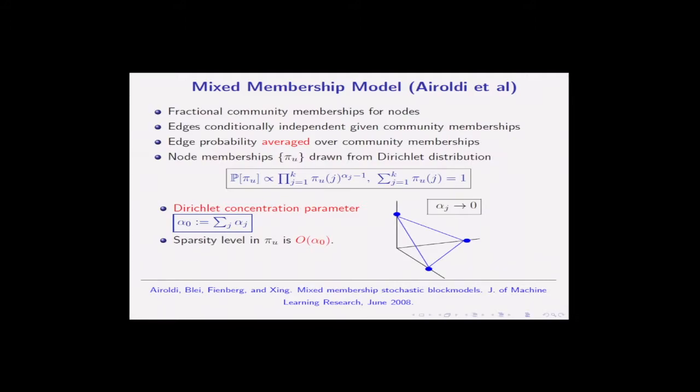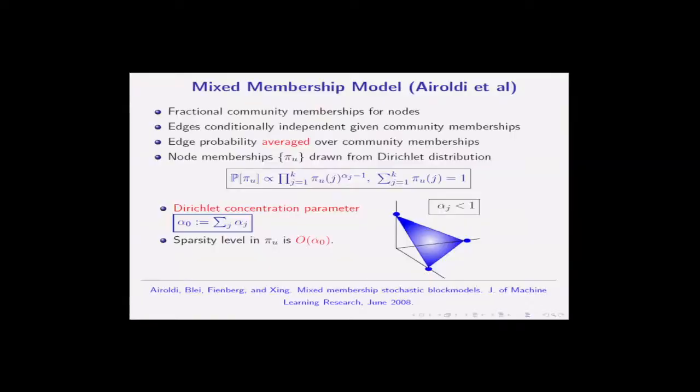So the only realizations possible are the basis vectors in this setting. That means a node can be only in a single community. So this, in fact, is the classical model. It's the stochastic block model, for those who are aware of this line of work. So the nice thing is, even though we can incorporate a node being in multiple communities, in the special case we can recover the popular stochastic block model.